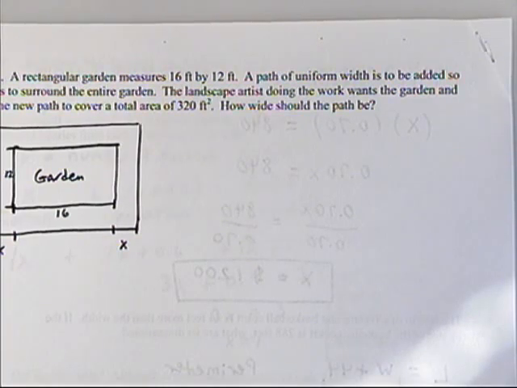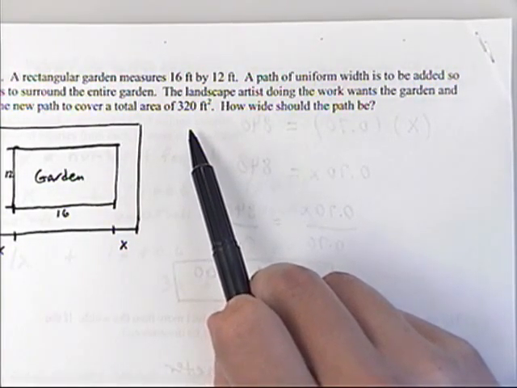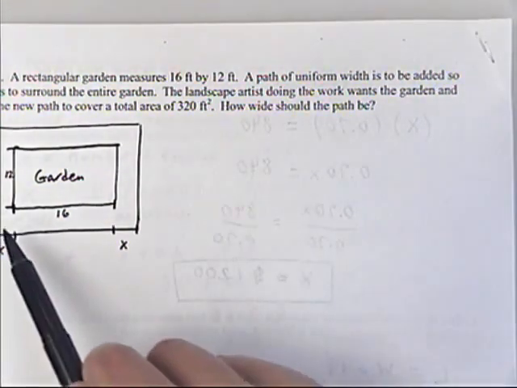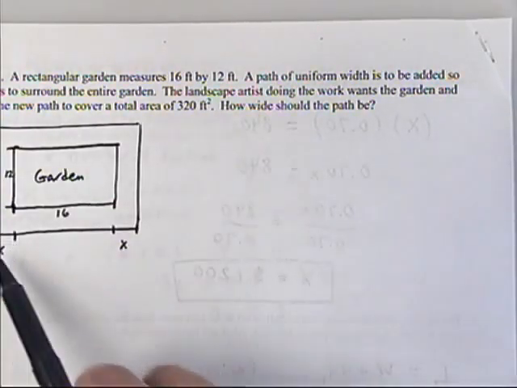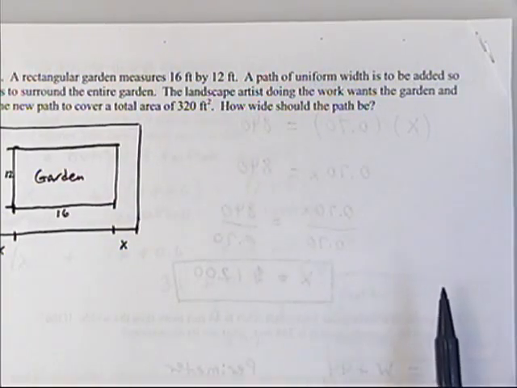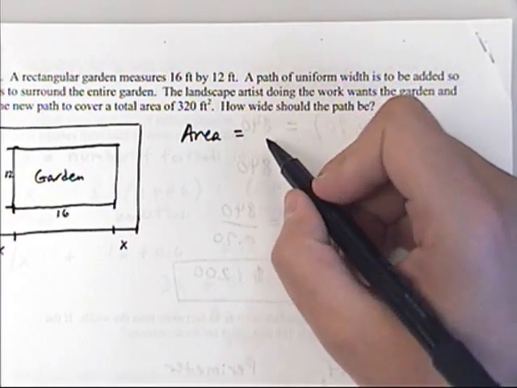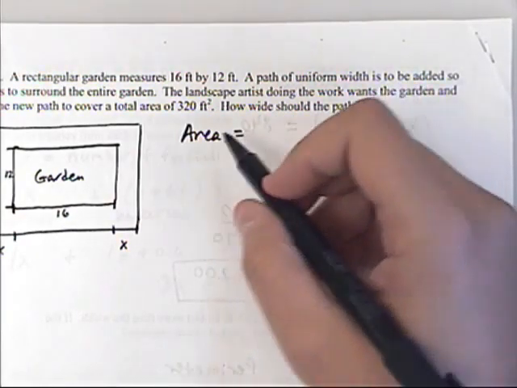What I want to do is think about the only number they really gave me to work with, and that is the total area. If you include the garden and the path, the total area of this whole large rectangle is 320 square feet. Area is length times width, right?